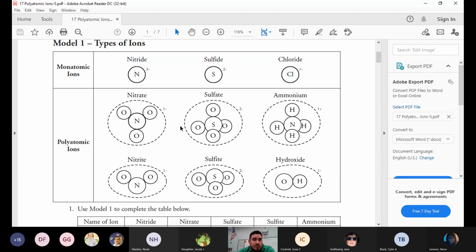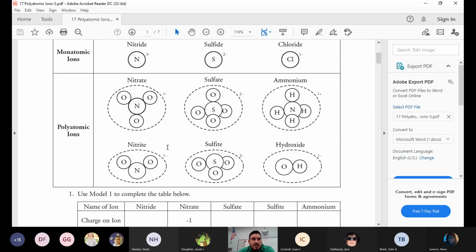Well, the same thing with polyatomic ions. When you have multiple atoms that are bonded together, a lot of times they are not going to be stable until they get the number of valence electrons that they need. Just like with the monatomic ions, polyatomic ions are the same kind of category. If you draw it, you'll notice that these need 2 more electrons in order to be stable. For example, nitrate, which is N with 3 oxygens, when you try to draw that, you will realize that you need 1 more electron to make this a stable compound.